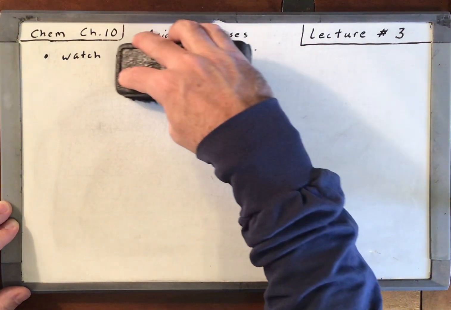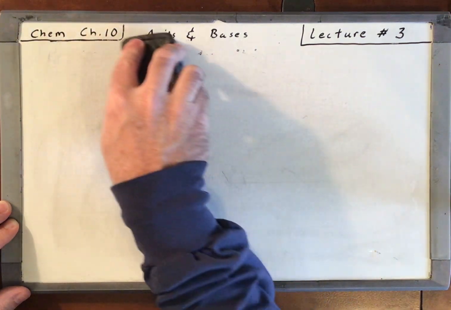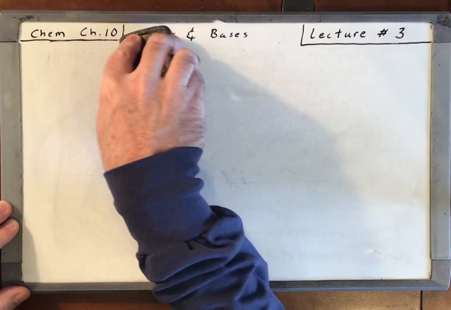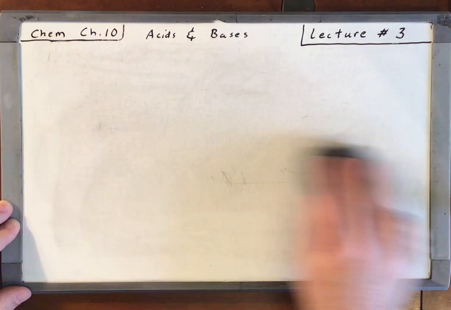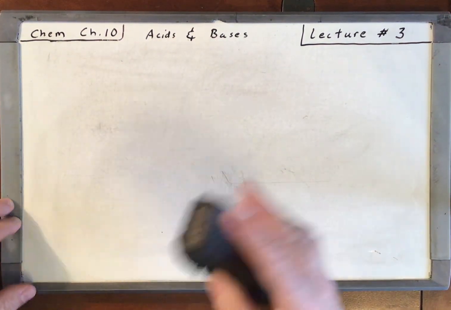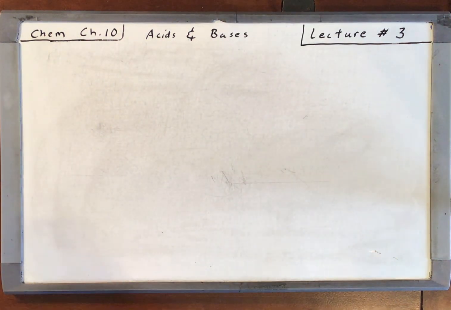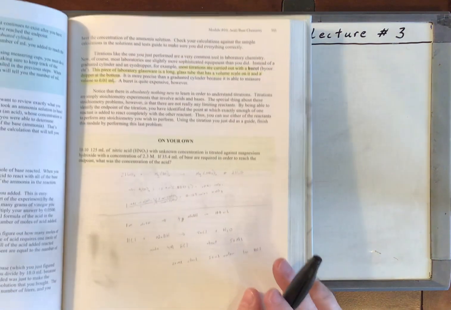Okay, so I presume you've watched the video now. In the description box, you kind of get an idea of what titration is. And so now we are on page 345.